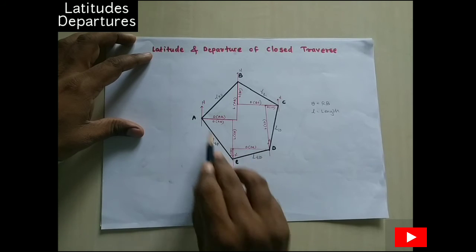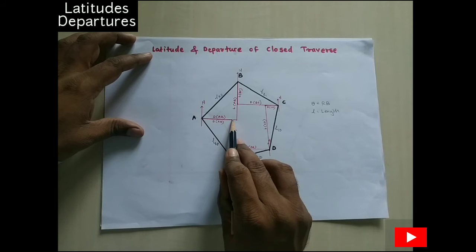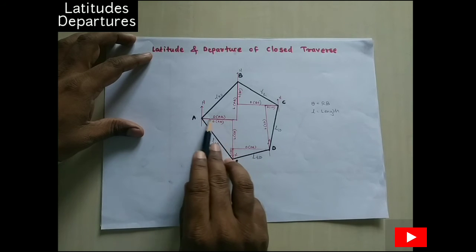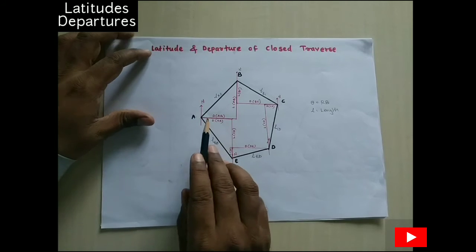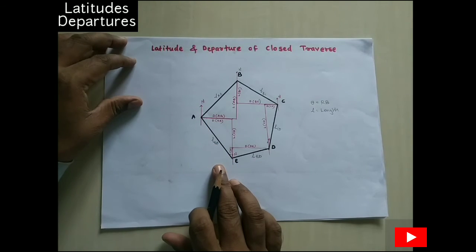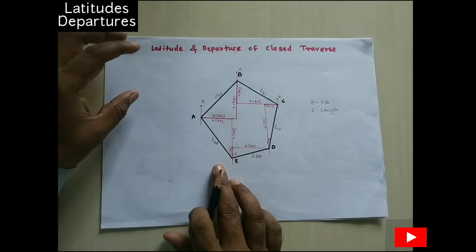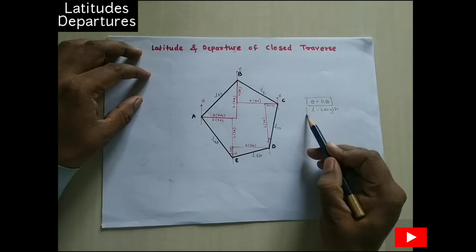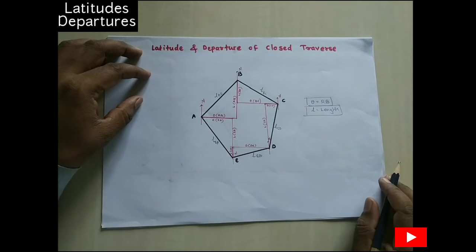For EA, latitude is up to this line and departure is only part of this line. Are you getting this? How to determine the latitude and departure of this particular traverse? By using the reduced bearing or quadrantal bearing and the length of that particular line.